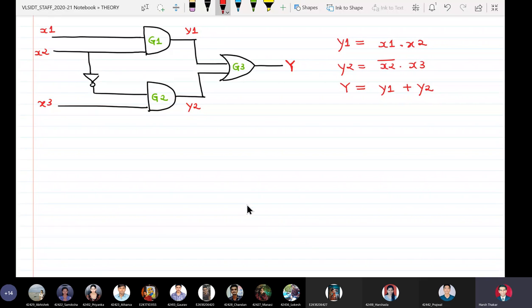Keep these equations in mind: y1 is x1 and x2, y2 is x2 bar and x3, and y is y1 or y2.